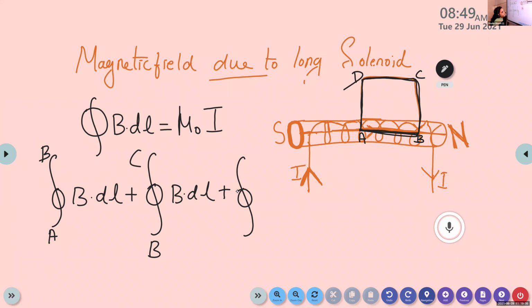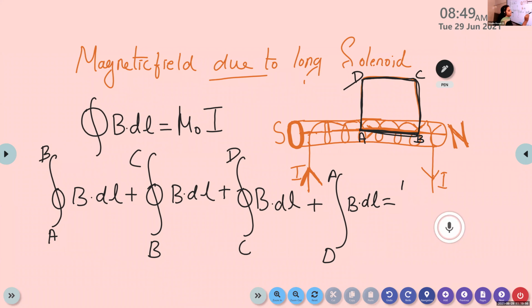Closed integral over C to D, B dot dl, plus one more side, closed integral over D to A, B dot dl. Very good. That is equal to mu 0 I.